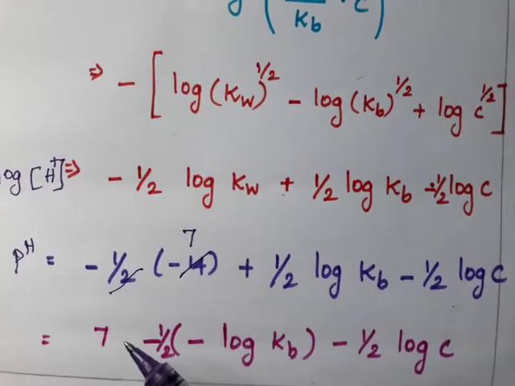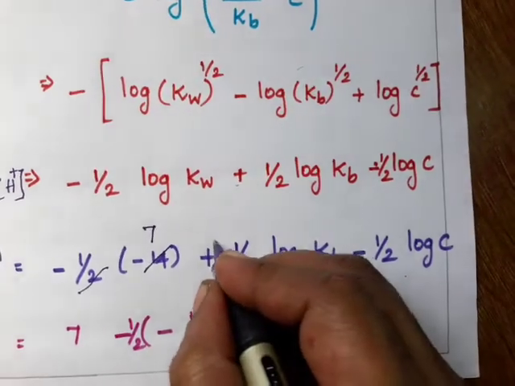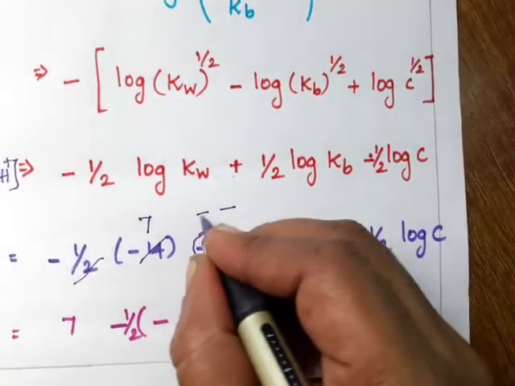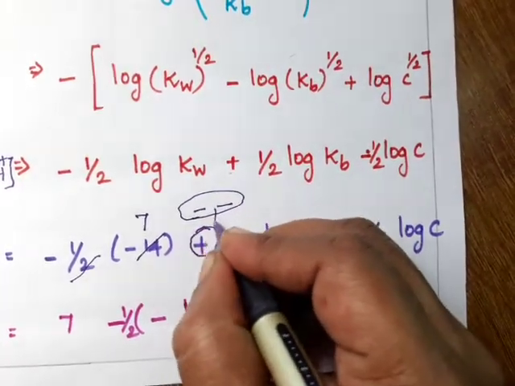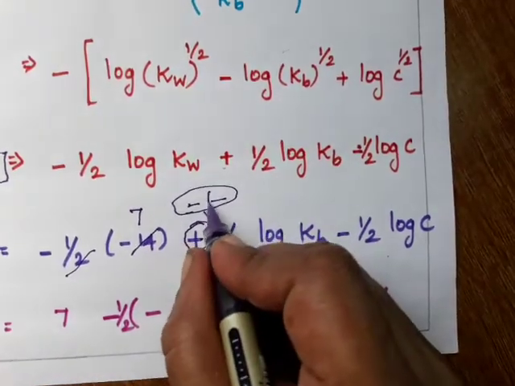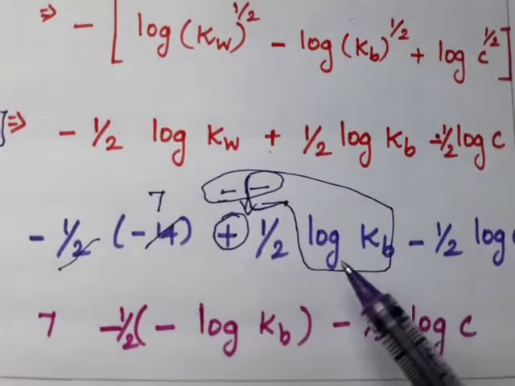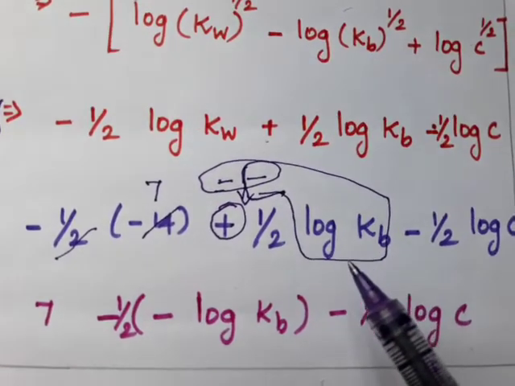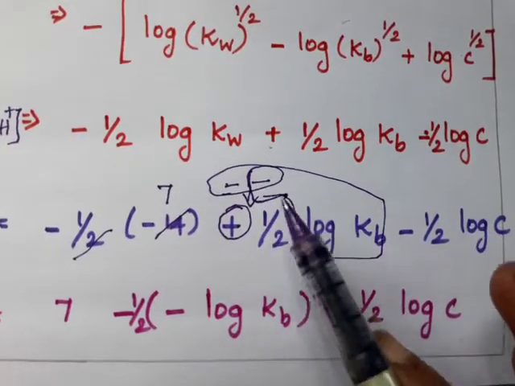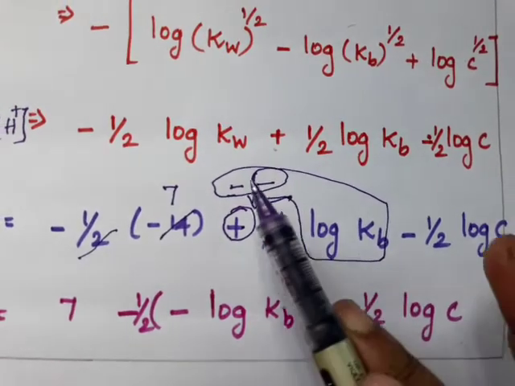So we will get 7, and instead of this minus into minus we will get plus, right? So this plus has 2 minus. So let me take this minus. Minus log Kb has been written as pKb. Have you understood? Minus log Kb has been written as pKb. What is remaining?